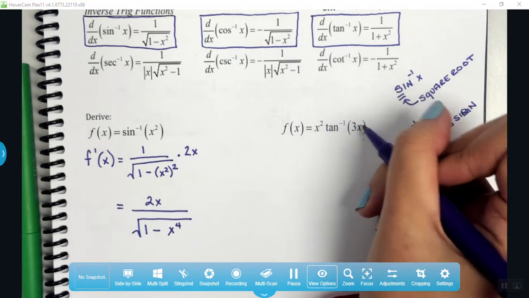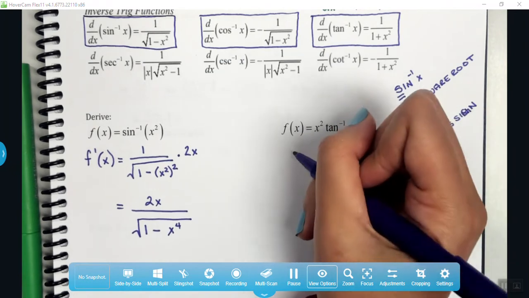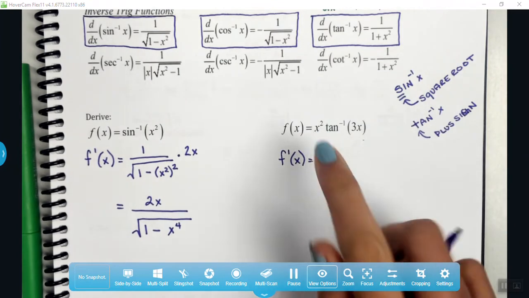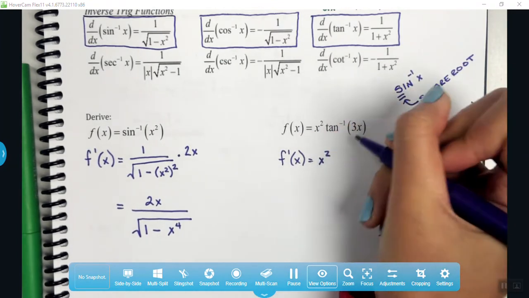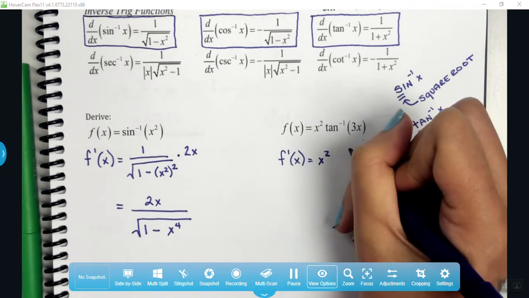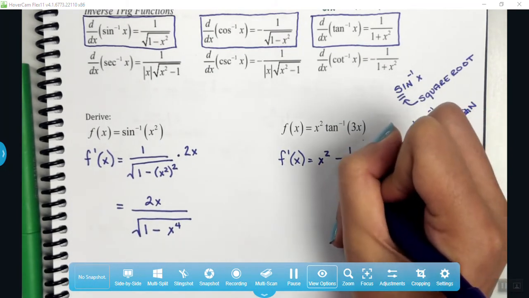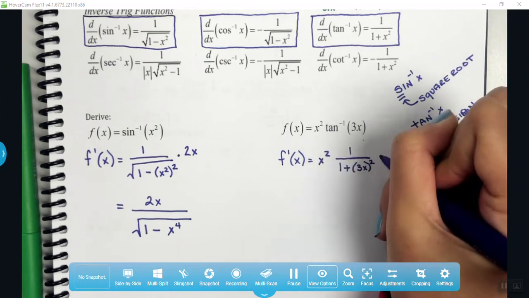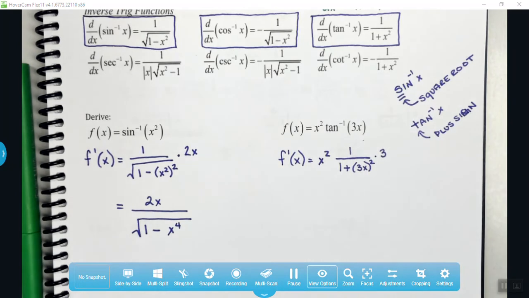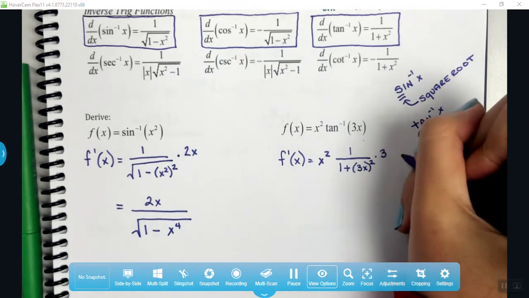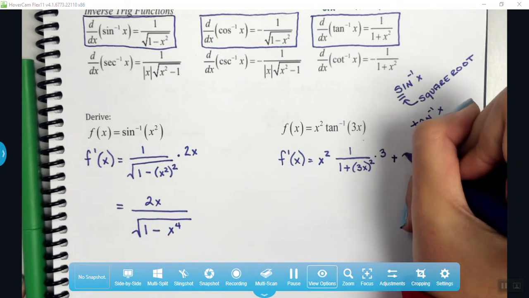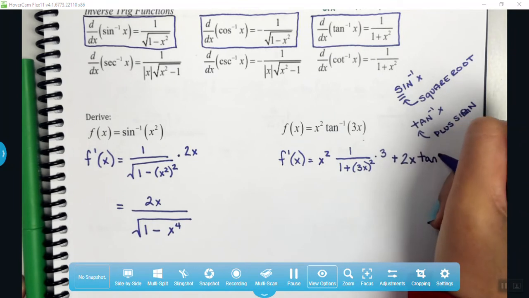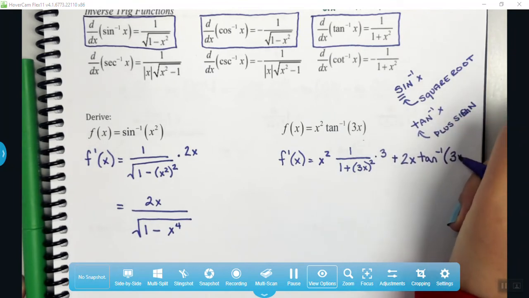Okay. This one, x squared tangent inverse of 3x, the derivative, we'll have to do product rule. So it's first times the derivative of the second: derivative of a tangent is 1 over 1 plus quantity 3x squared times 3, plus the derivative of the first, 2x, and then tan inverse of 3x.